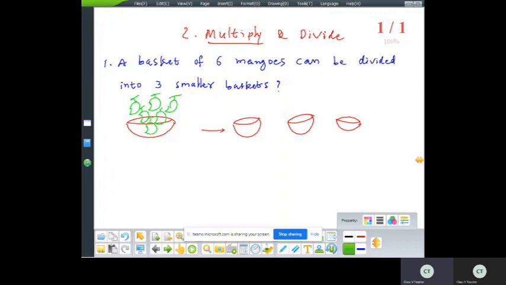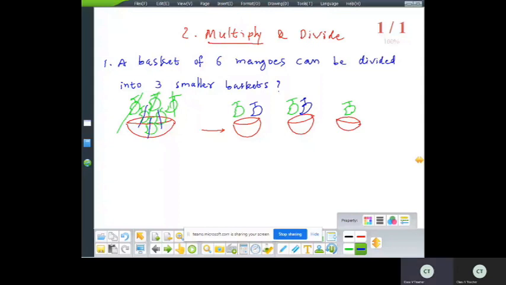See, three baskets are there. First mango here. Now second one here. And the third one here. Now next mango here. And next mango is here. And last mango is here.